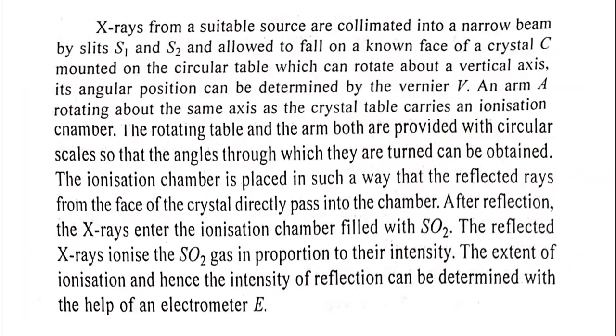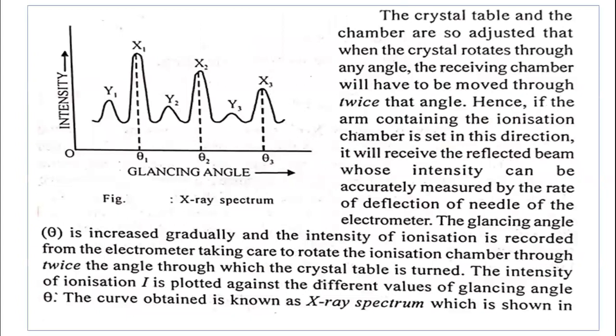The extent of the ionization, and hence the intensity of the reflection, can be determined with the help of the electrometer E. The crystal table and the ionization chamber are so adjusted that when the crystal rotates through any angle, the receiving chamber has to be moved through twice that angle.